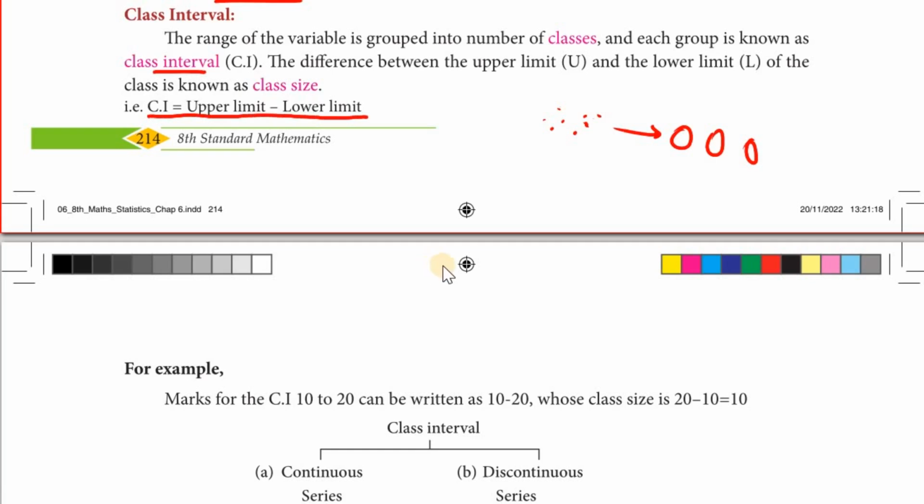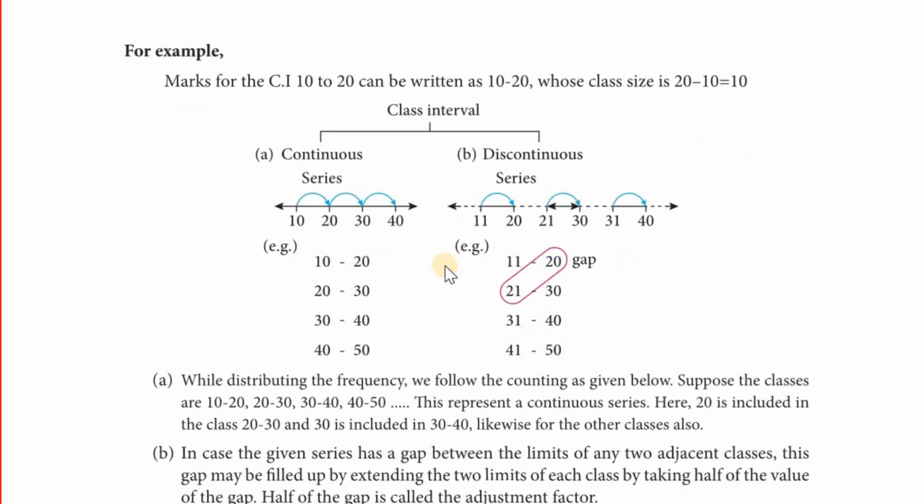It's better if I show you using an example. For example, you see the marks of class interval 10 to 20 can be written as 10 to 20, and whose class size is how much? 20 minus 10 equal to 10.